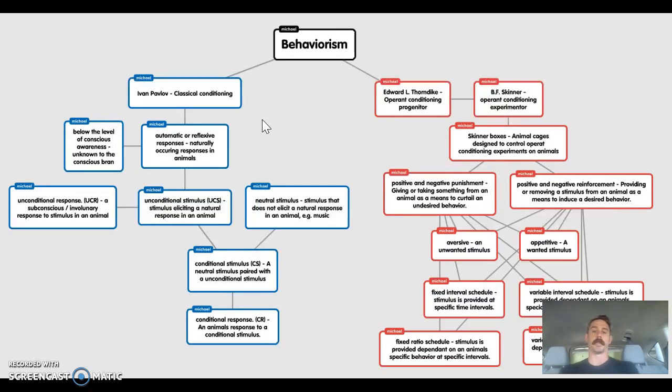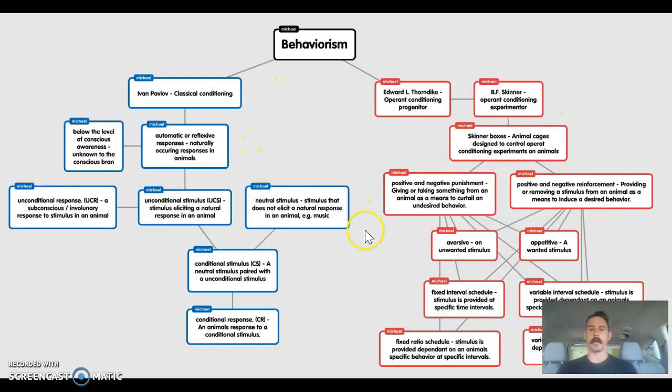That neutral stimulus, which the ringing bell was the neutral stimulus, and the unconditional stimulus of the meat created this conditional stimulus, wherein the dogs would salivate without the presence of the meat, even, because the bell became a conditional stimulus. And the conditional response is just that response to the conditional stimulus, the bell and the meat together.